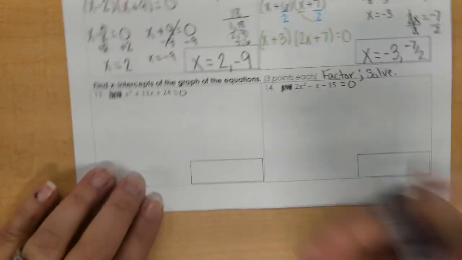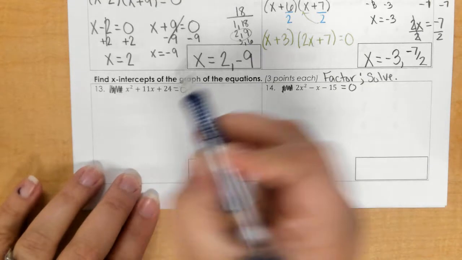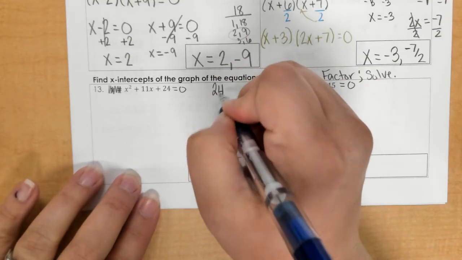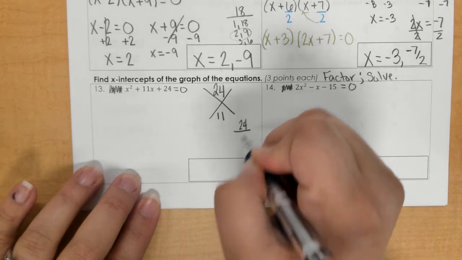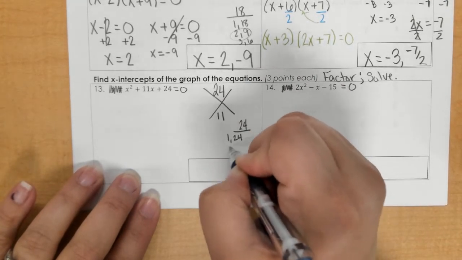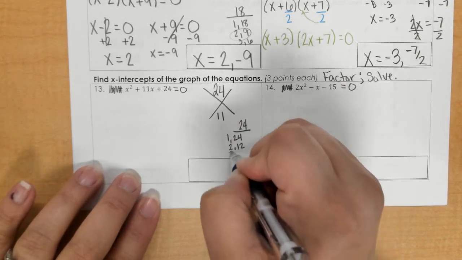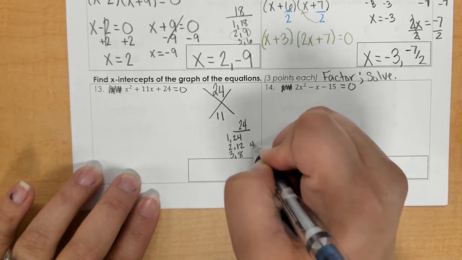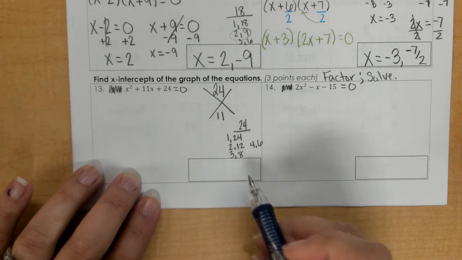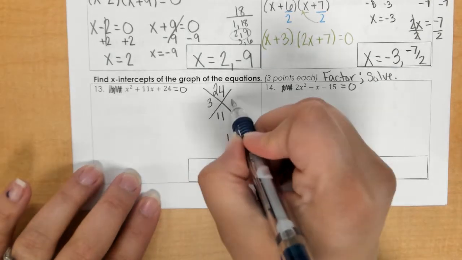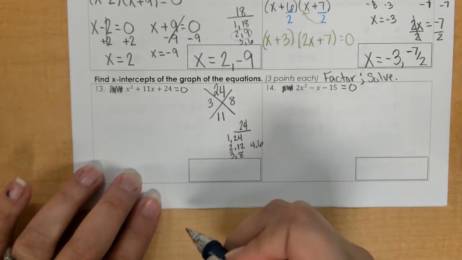So for 13, 1 times 24 is 24. How do I get to 11? Well, I have 1 and 24, 2 and 12, 3 and 8, 4 and 6. 3 and 8 can add to be 11.